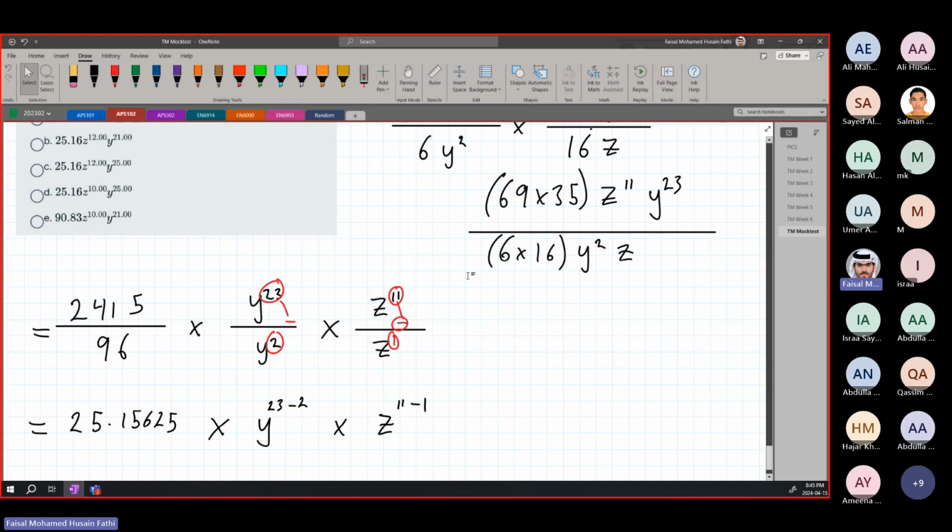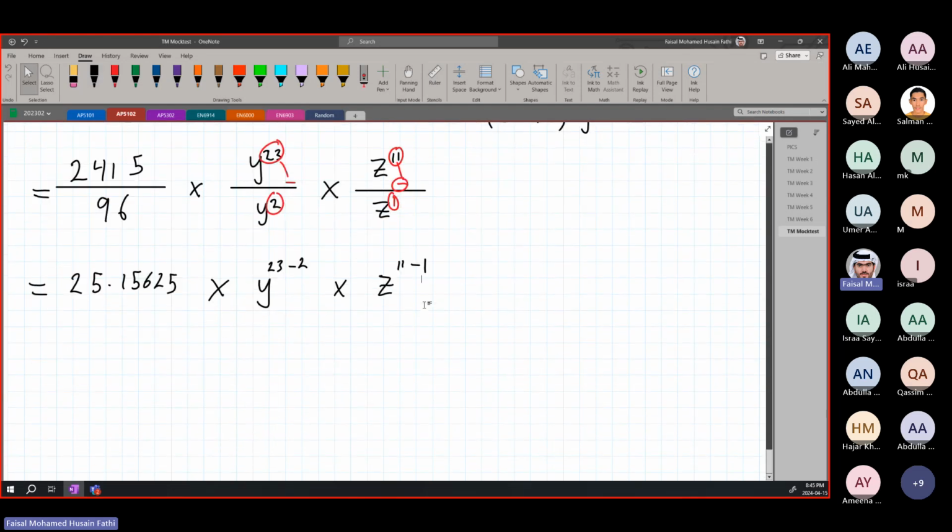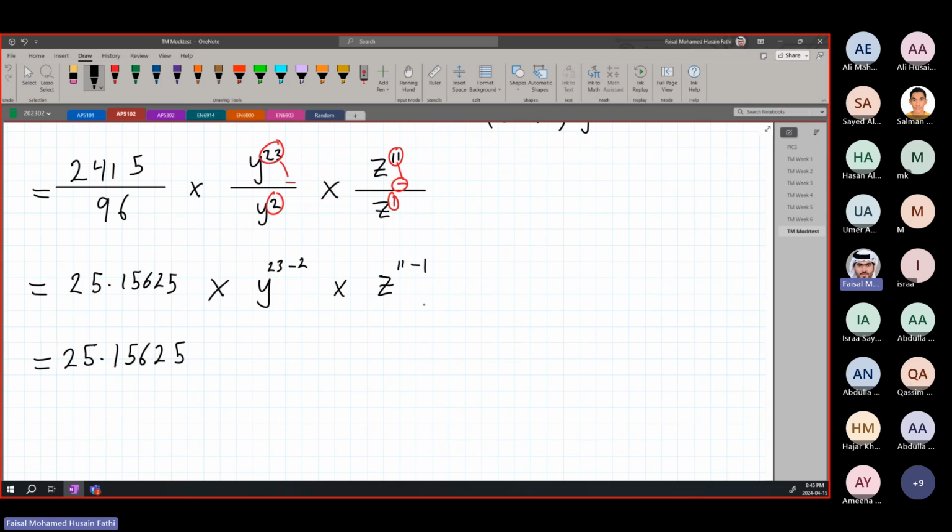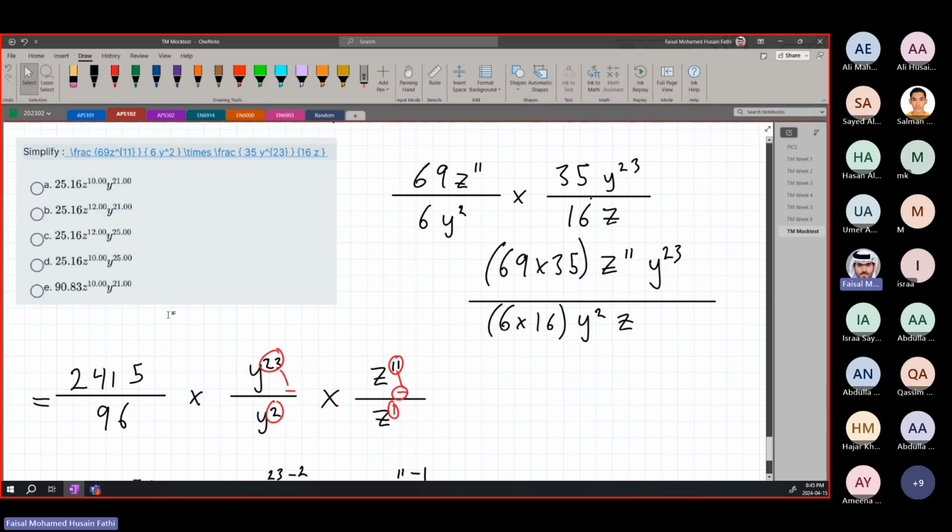I will always recommend don't take shortcuts and solve it this way if you're not confident in resolving, okay? So 25.15625, y is 23 minus 2, so it's y to the power of 21. Z 11 minus 1 is 10. So this is our answer. 25.15625, y to the power of 21, z to the power of 10.